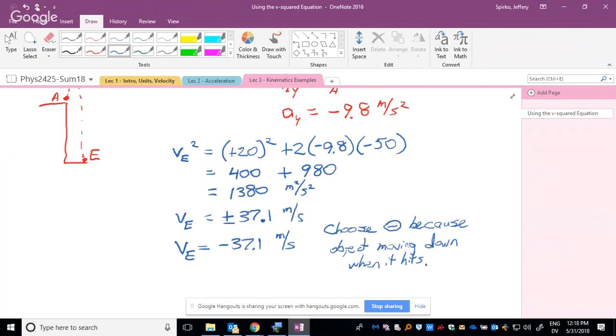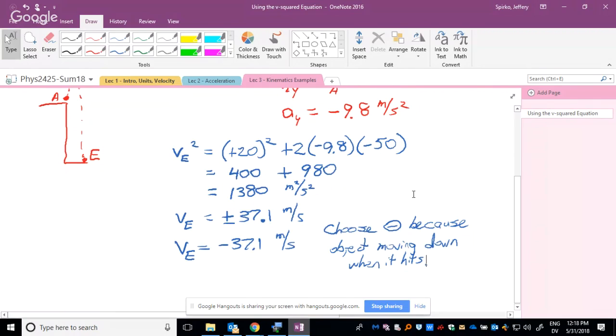Can you think of anything? An object hits a ceiling, for example. So it is a different situation, but it's certainly a possible situation to have the final velocity be positive. And like I showed, that would involve the object moving upward and getting to some point that you care about.